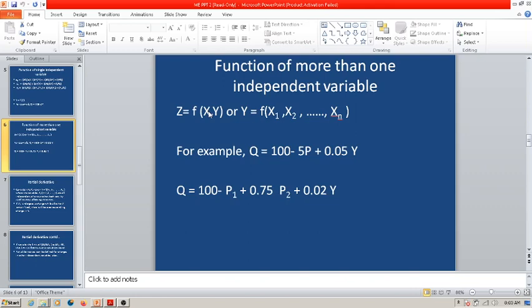The partial derivative of z with respect to x will measure the instantaneous rate of change of z with respect to x while y is held constant. In the partial derivative process, we will be taking into consideration only one independent variable at a time while keeping all the other variables as constant.